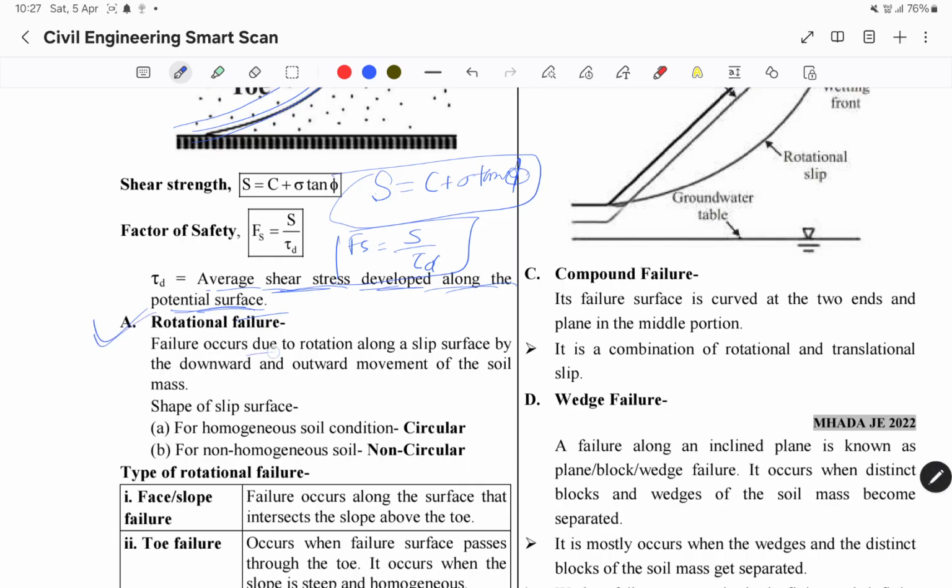Rotational failure occurs due to the rotation along a slip surface.